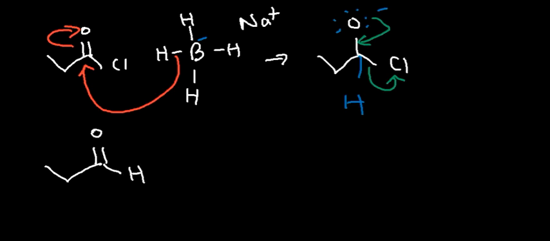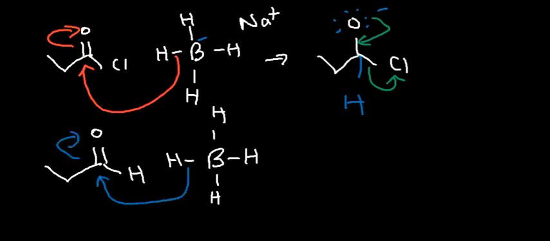So sodium borohydride reacts again. So we have another BH4 ion, and it's going to react with this aldehyde. Turn it to an alkoxide ion. So now we've added 2 hydrogens so far.